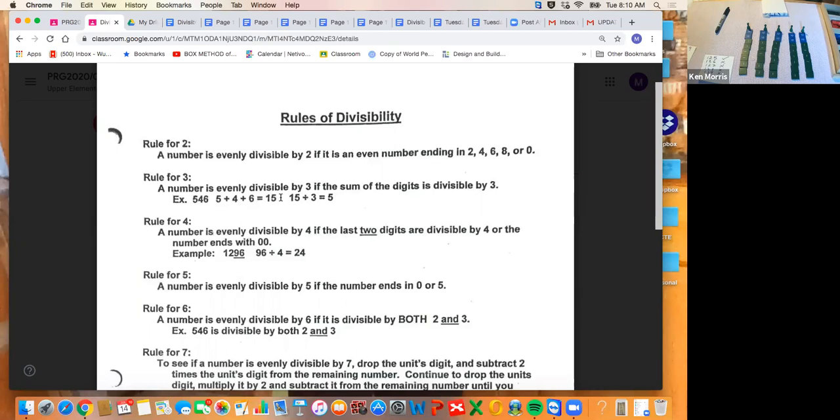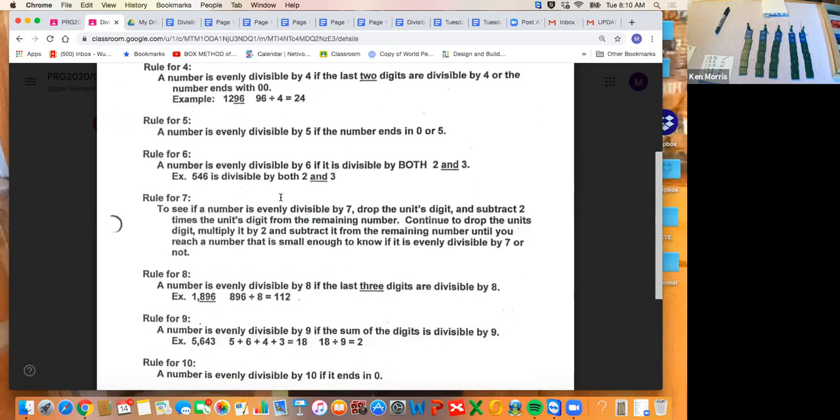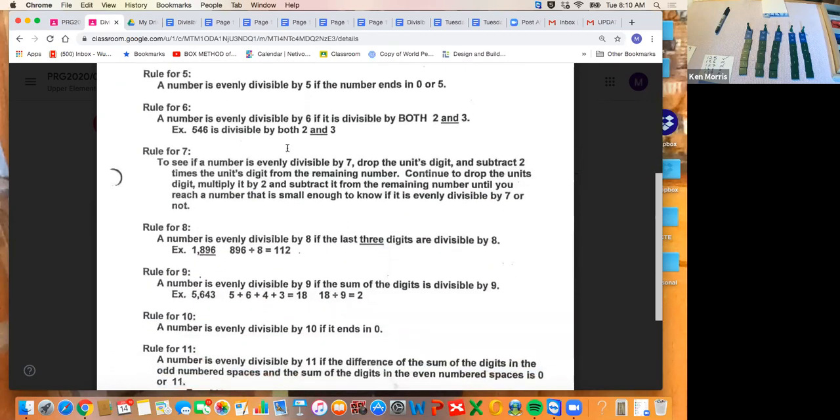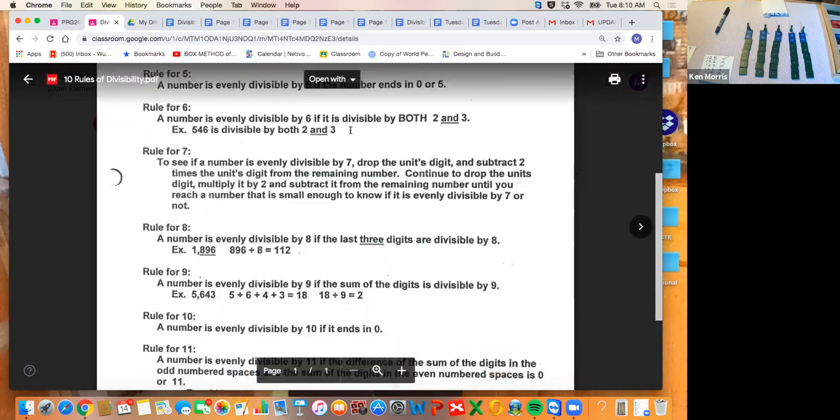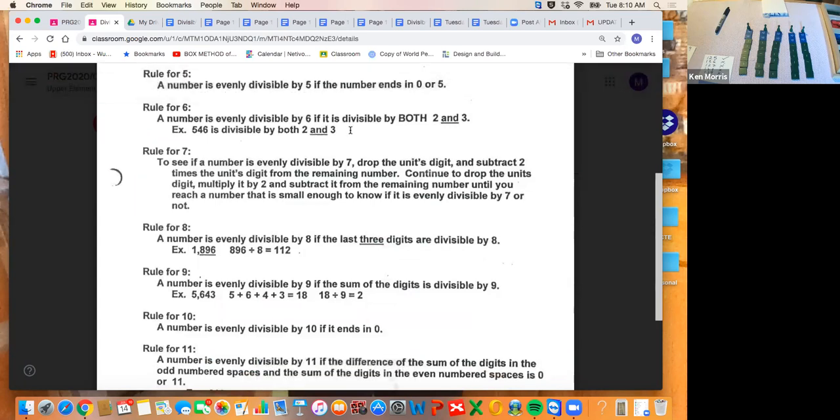Okay, the next one we would do is 6. And 6 is also kind of tricky, right? They can do this with the stamp game. You'd have to try it. I usually do it with them. The rule is that it is divisible by 6 if it is both divisible by 2 and 3. So you actually have to do 2 tests here.